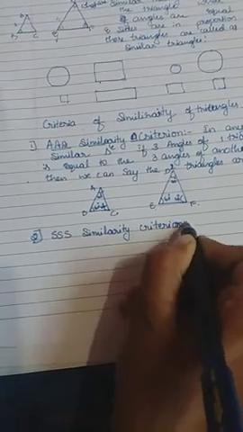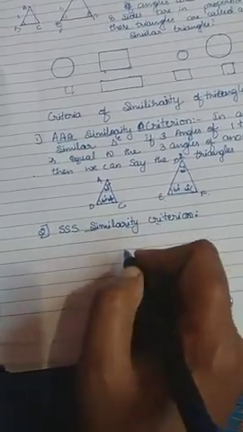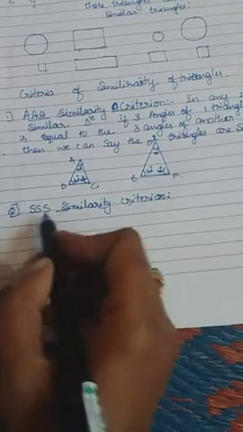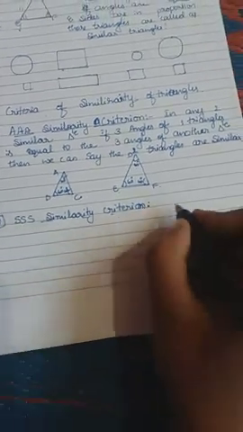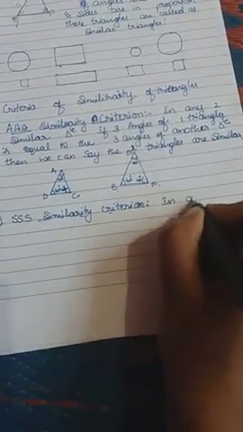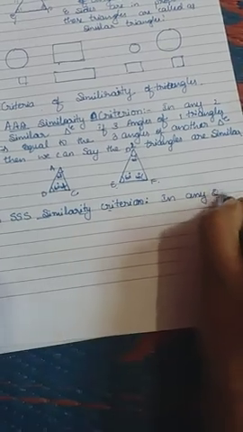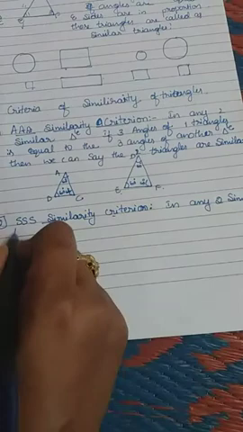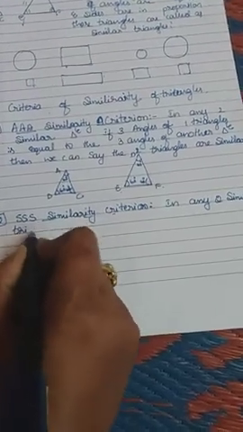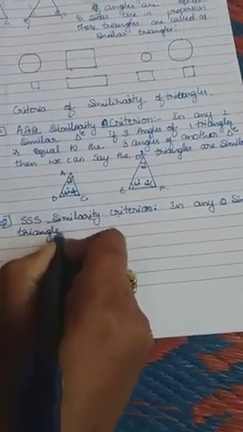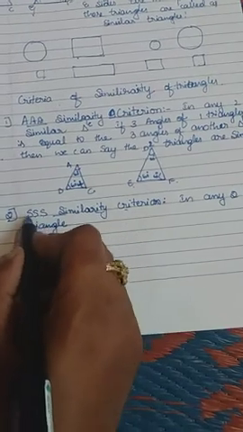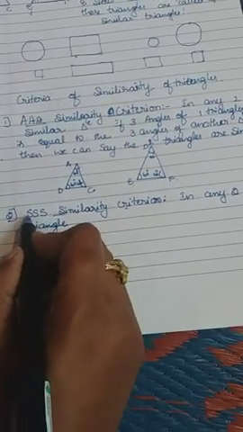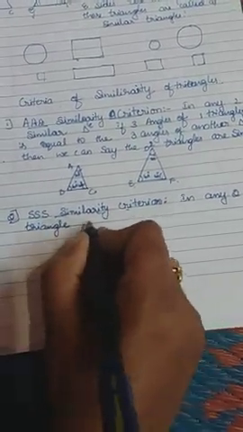So what is the SSS similarity criterion? In any two similar triangles, SSS means three sides.